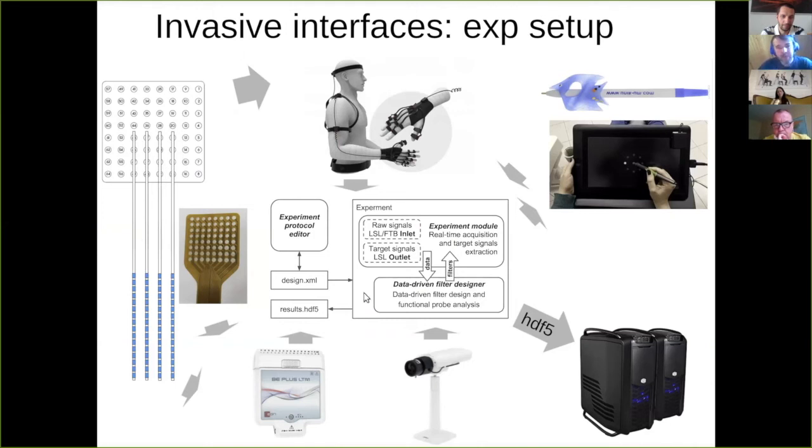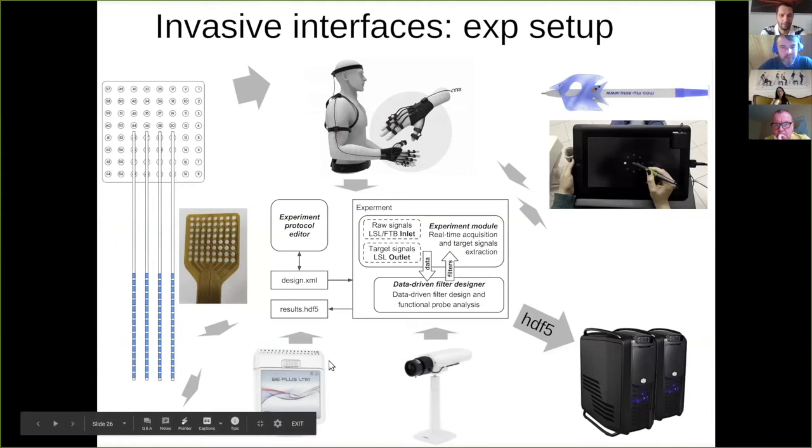Okay, we developed this setup where we're able to register the movement of the hand. We have the EEG device that records this electrocorticogram, and we are able to do some interesting things with it.